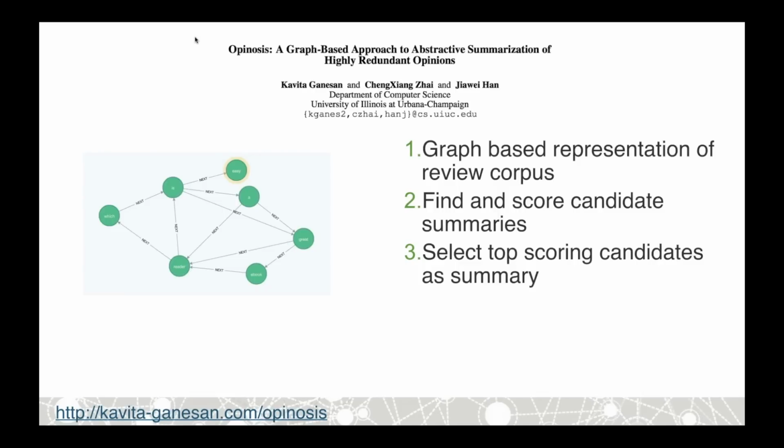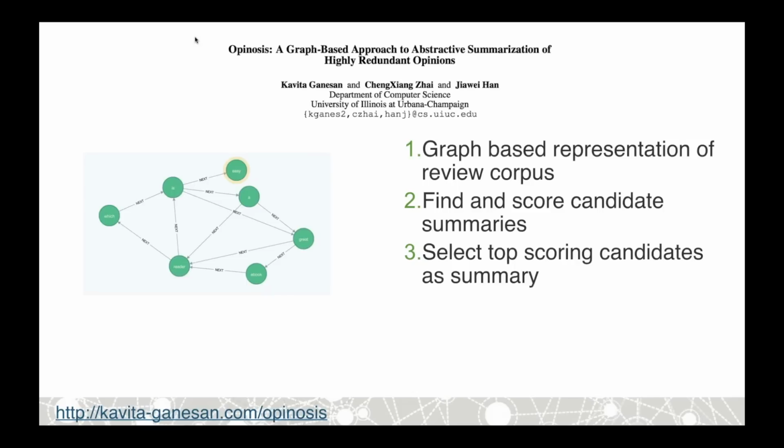Specifically from a graph-based approach, there's some great research on a method called Opinosis, which Kavita Ganesan, I'm probably mispronouncing that, so I apologize, has put a lot of work into, and there have been some follow-on papers as well.